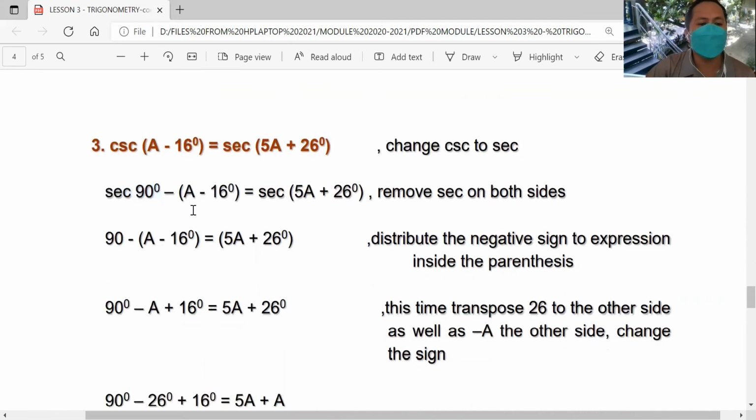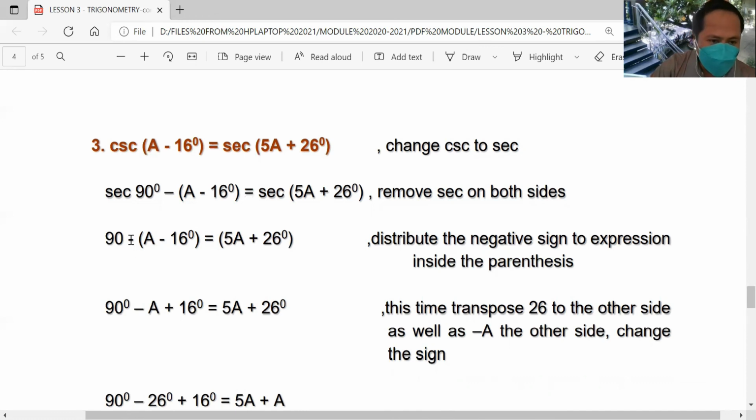Since in our algebra we distribute, so that we will not get confused, we apply the inverse secant to cancel secant. So 90 minus a minus 16 degrees is equal to 5a plus 26 degrees.